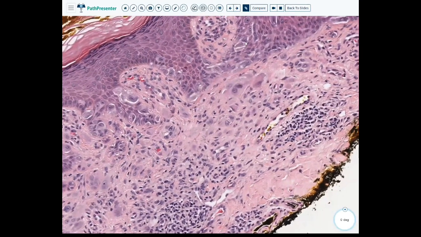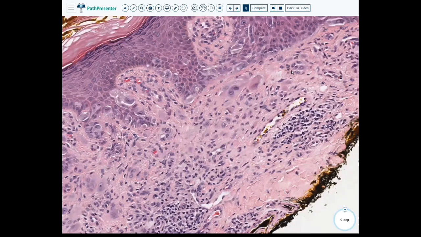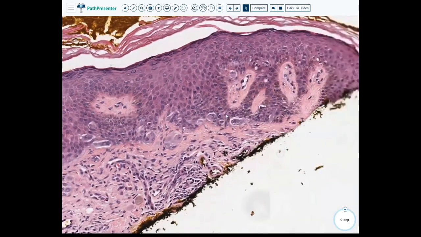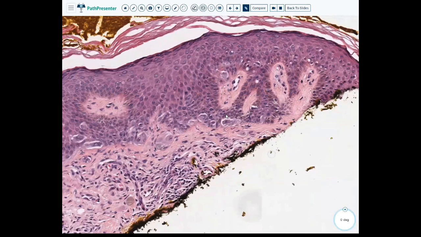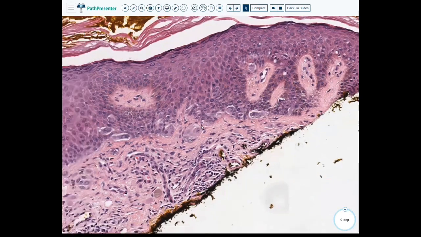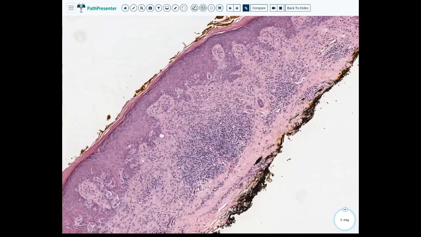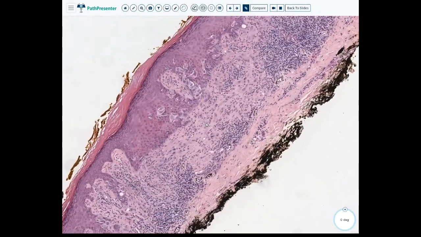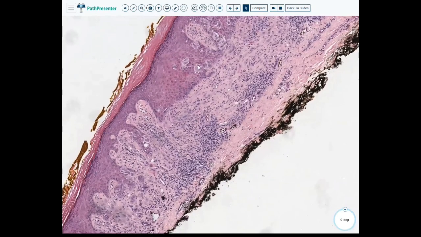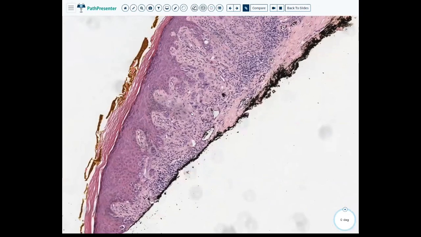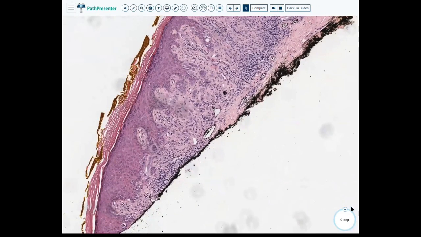So what we have here with both our dermal and epidermal components is a compound nevus, an acquired nevus compound type, because it has both epidermal and dermal components. To make that more clear, since I was in an area where it was more single cells, we have nests within both the epidermis and dermal components as well.